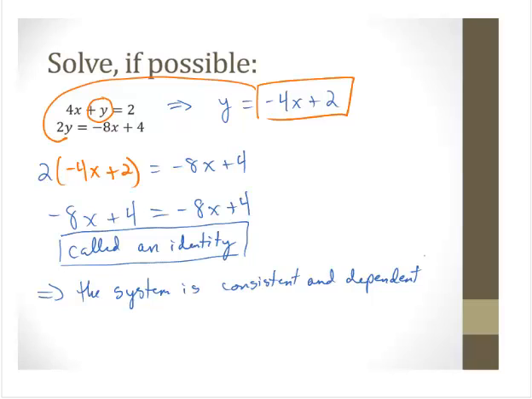What that tells us is the system has infinitely many solutions. So again, if you're solving the system and you use one of the symbolic techniques, and we end up with an identity, the system is consistent and dependent, and the system will have infinitely many solutions.